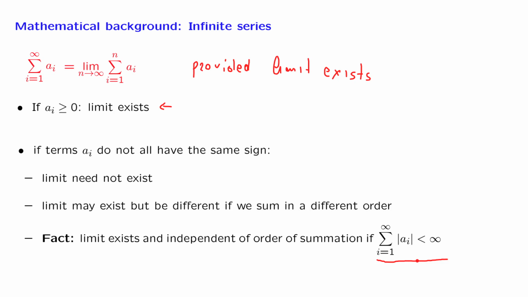If it turns out to be finite, then the original series is guaranteed to be well defined, to have a finite limit when we define it that way, and furthermore, that finite limit is the same even if we rearrange the different terms, if we rearrange the sequence with which we sum the different terms.